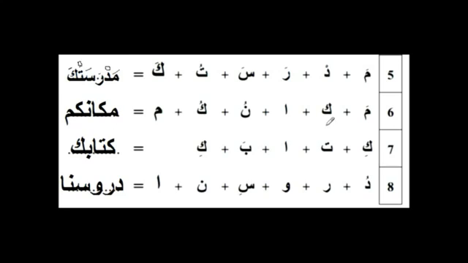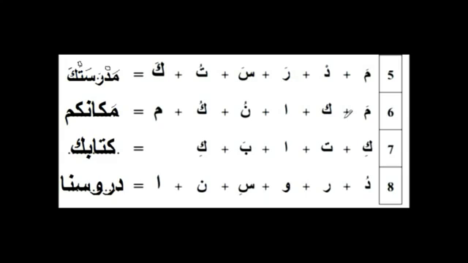The next word, makanukum, which means your place. So meme followed by the kaf with the fatha, and this is the kaf's connecting form. We wouldn't make it just like this, connecting it like that. We would have to change it to its connecting form so the writing can be written more smoothly.